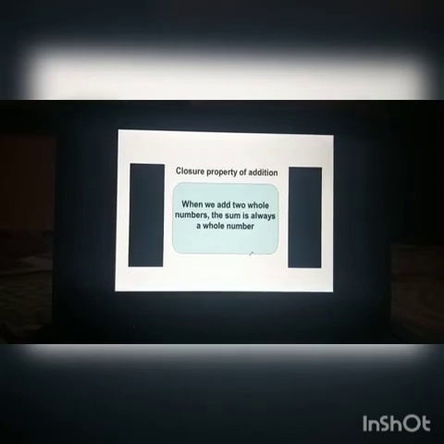So today we have studied 4 properties. The first one was closure property. And closure property is when we add 2 whole numbers, the sum is always a whole number. Example, 2 plus 3 is equal to 5. 2 and 3 are whole numbers. Their sum 5 is also a whole number.